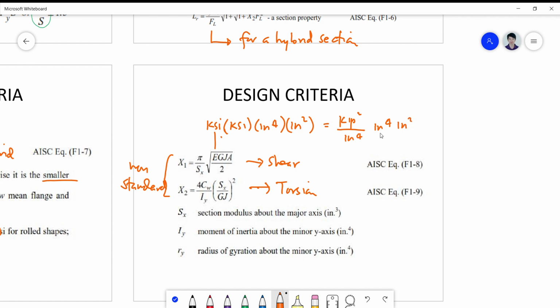So you can cancel inch to the fourth and inch to the fourth here. What remains is kip squared, inch squared, but you have a square root sign there, so you only have a kip inch. So if I divide this by an inch cube, my final unit for this is kip per inch.